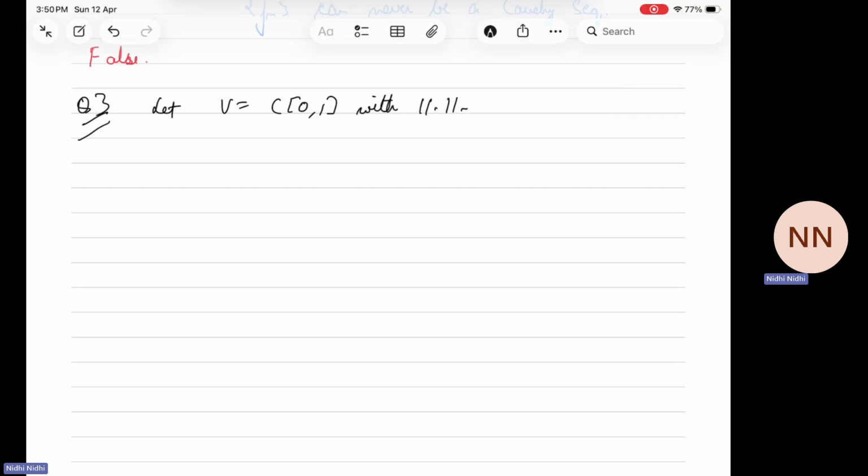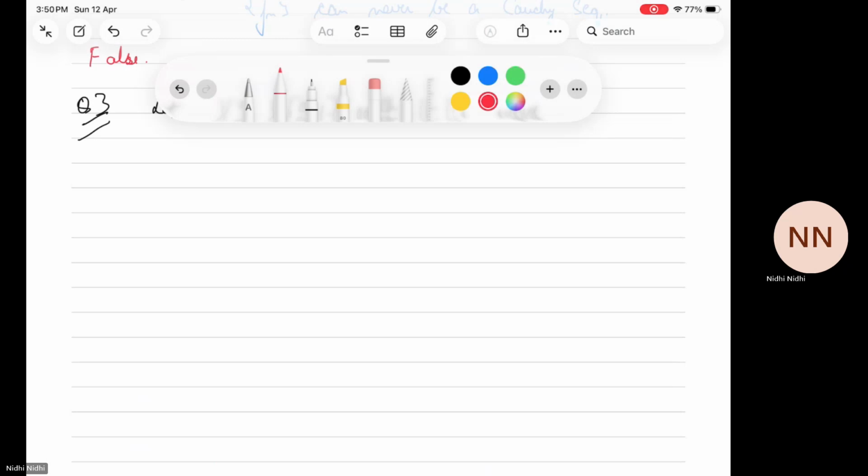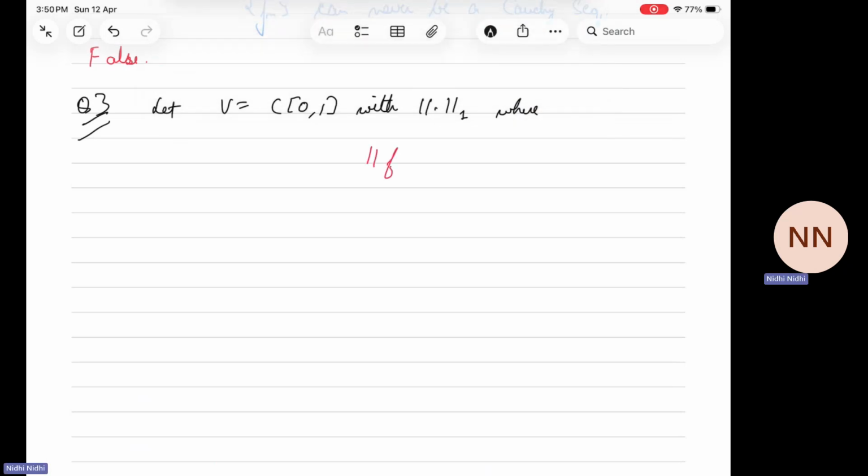We call it the L1 norm, which is defined as norm 1 of f is equal to the integral 0 to 1 of mod f(t) dt.